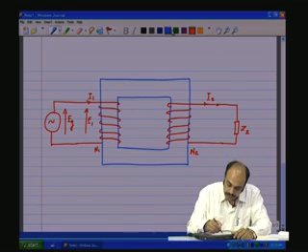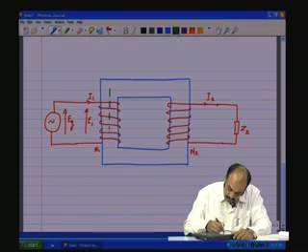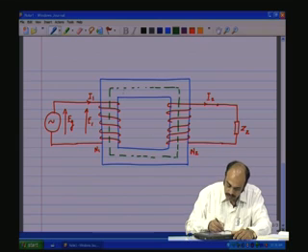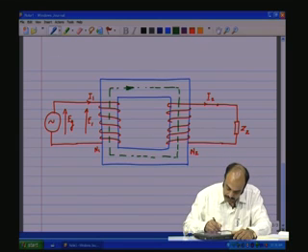Now, here let us have the equivalent flux in the core, which is flowing like this, and we shall call that phi m.